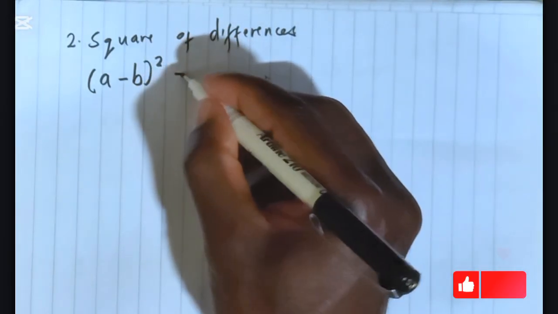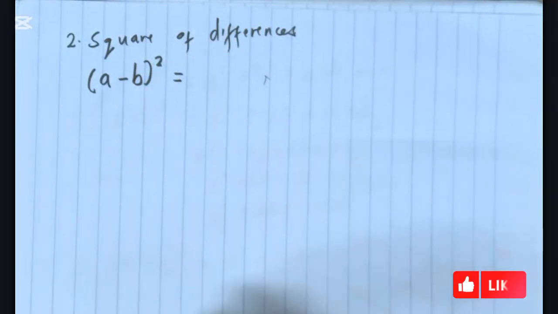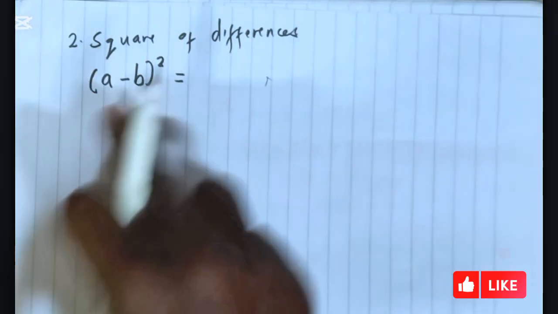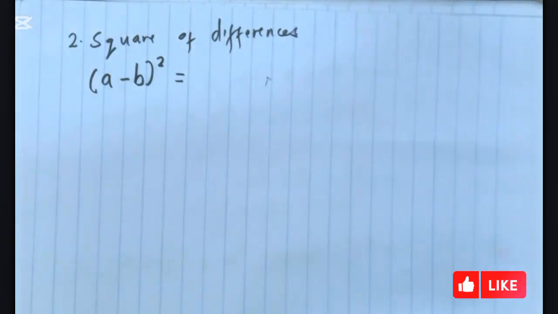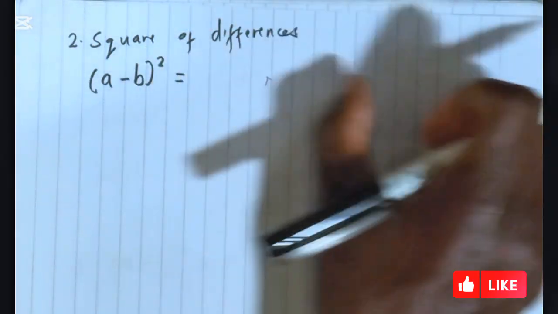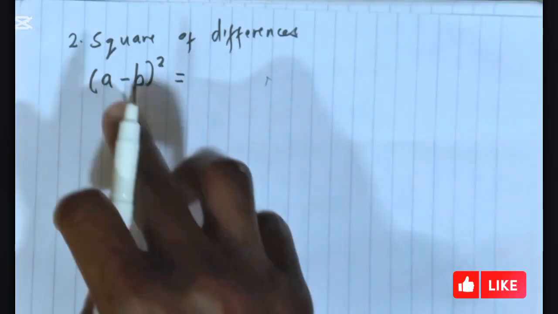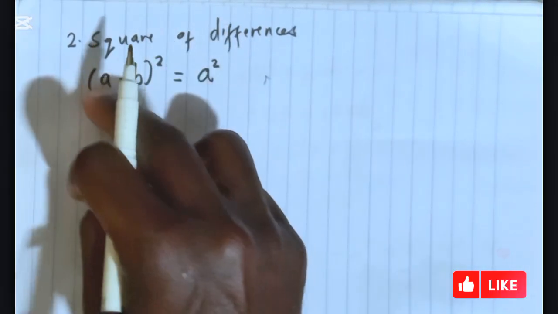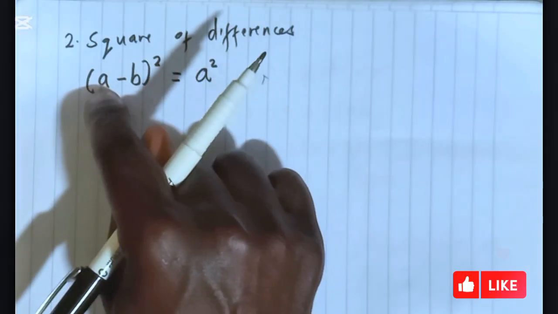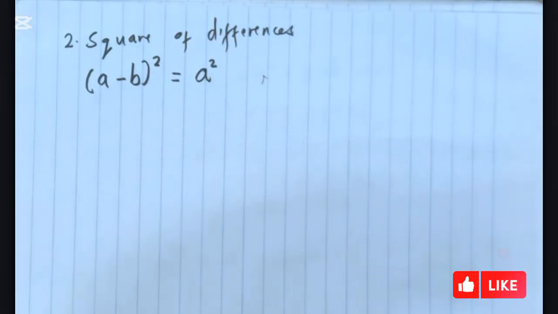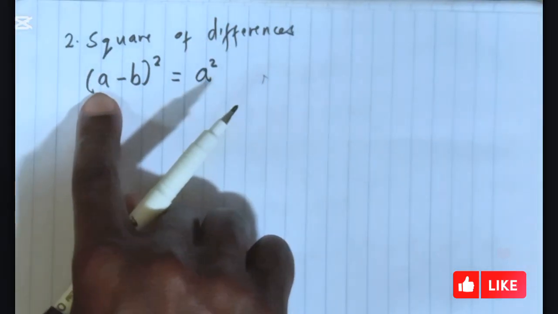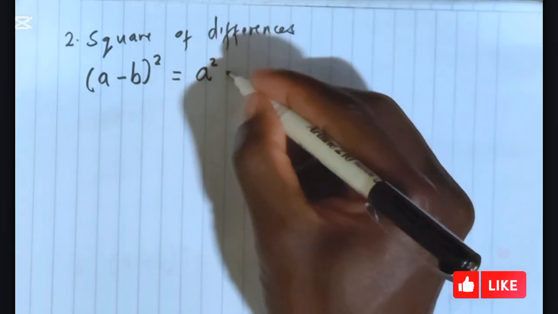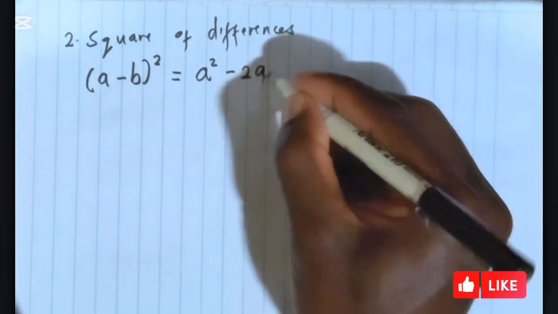And this identity basically states that whenever you have a minus b squared, the product of this particular identity will give you a squared. Then we'll have a times negative b, that will be negative ab times 2, all right, so that will be negative 2ab.